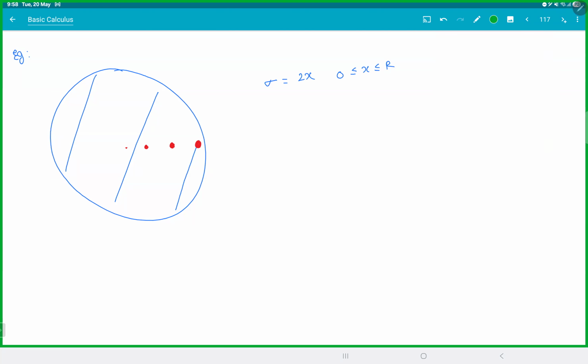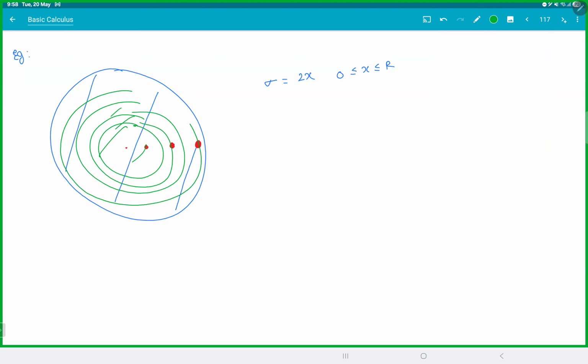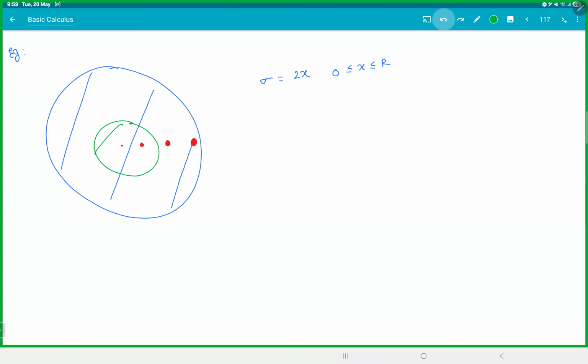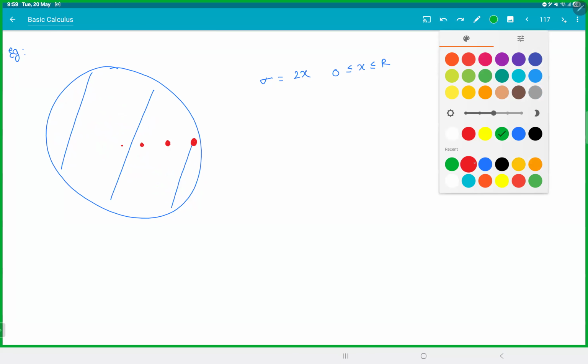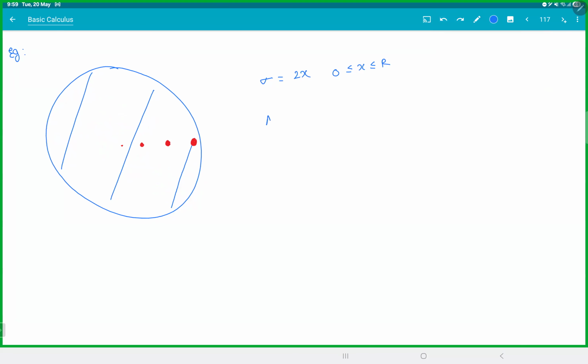Imagine someone made a disk, inside with thermocol, then with wood, then with copper, then with steel. So you made a disk with variable materials. You're getting it? As you go out, the mass is increasing more and more. That is the meaning of this function. As we go away from the center, x is increasing, so mass is increasing. So 2x kg per meter square.